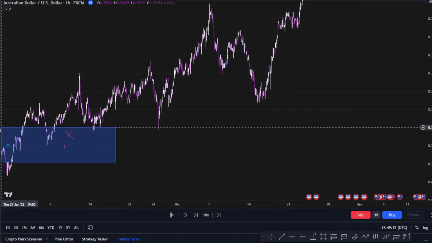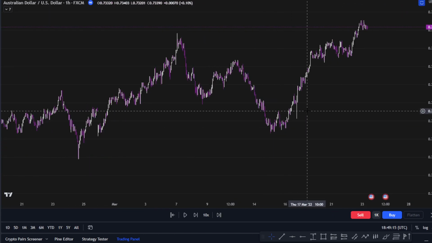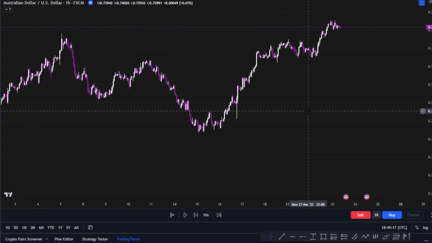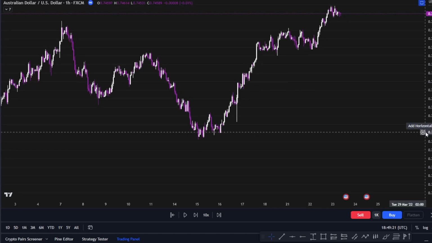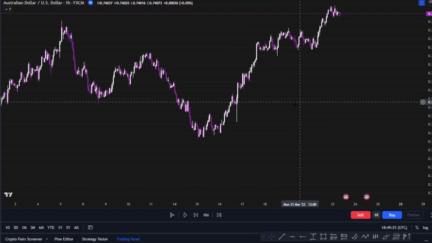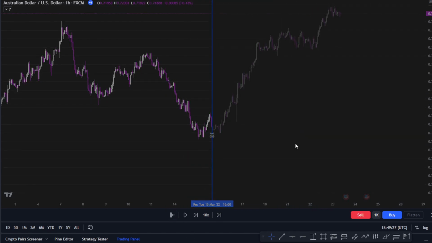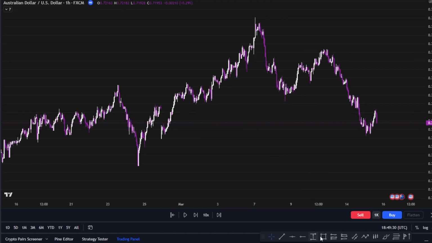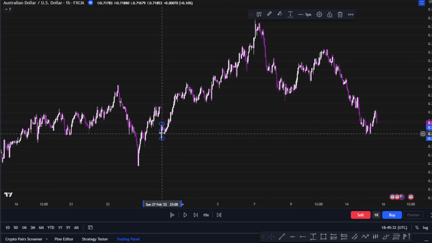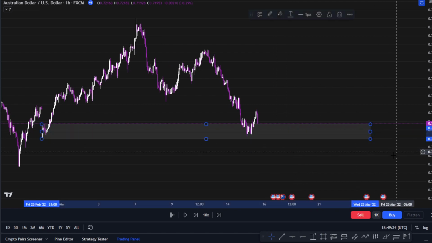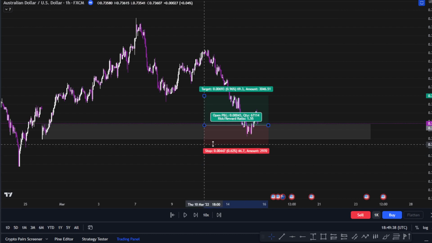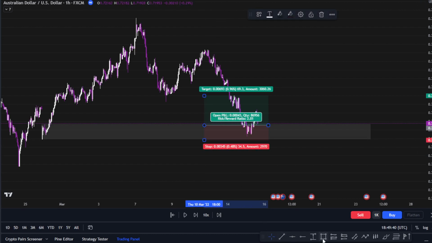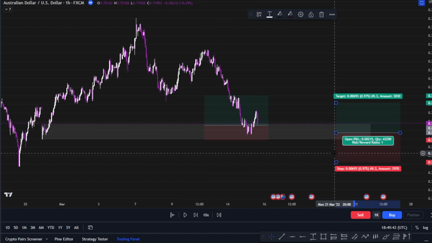And then as a finality, what I would like to cover real quick is the difference between limit orders and market orders. So let's use this as an example where we can look back to here. We have this clear order block drawn out, with our market order, or our top of the order block order, and our 50% mark order.